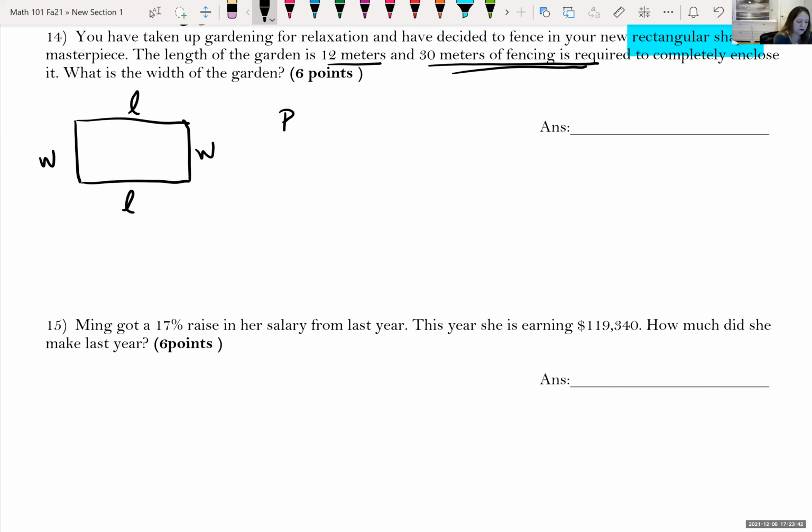So we know that the perimeter is twice the width plus twice the length, just summing all of the sides. If we put in 30 here, because that's how much fencing we need to enclose that garden, we know the perimeter is going to be 30. And we also know that the length is 12 meters, so we can plug that in.